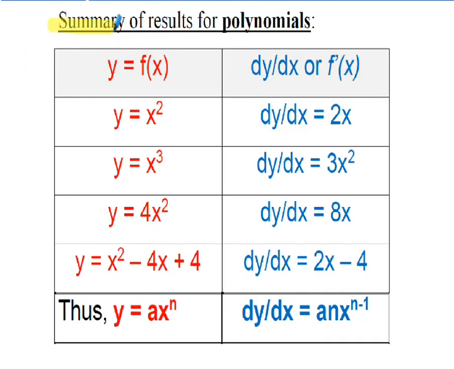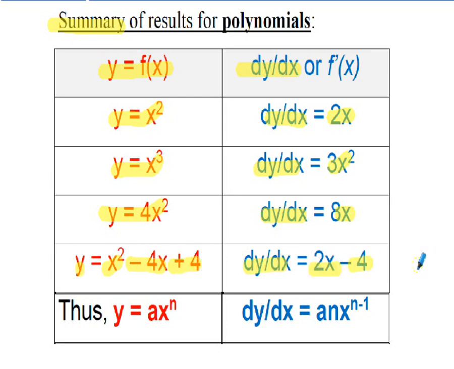If we now look at a summary of all the results on the previous slides for all the y equals function of x examples we were given, and the dy by dx differential coefficients we calculated, we find that y equals x squared differentiates to dy by dx equals 2x, y equals x cubed differentiates to dy by dx equals 3x squared, y equals 4x squared differentiates to dy by dx equals 8x, and y equals x squared minus 4x plus 4 differentiates to 2x minus 4.